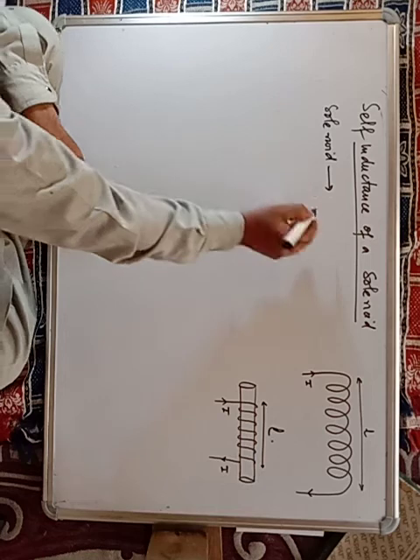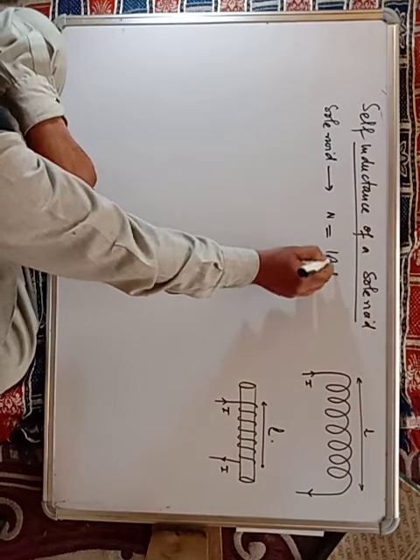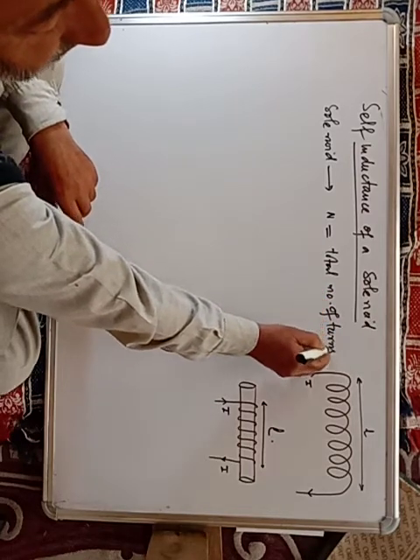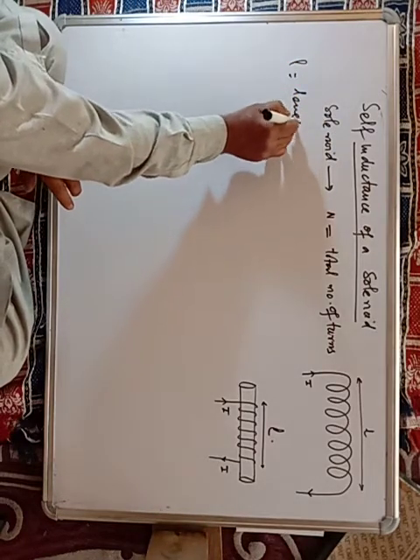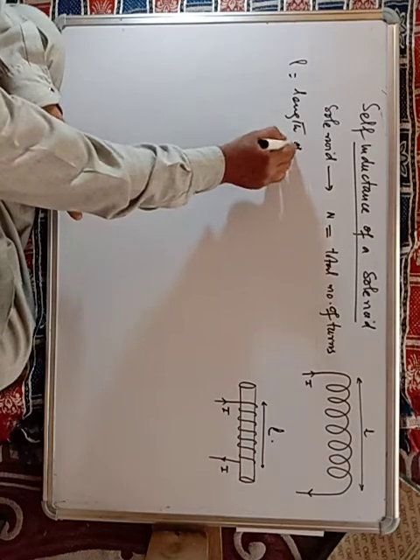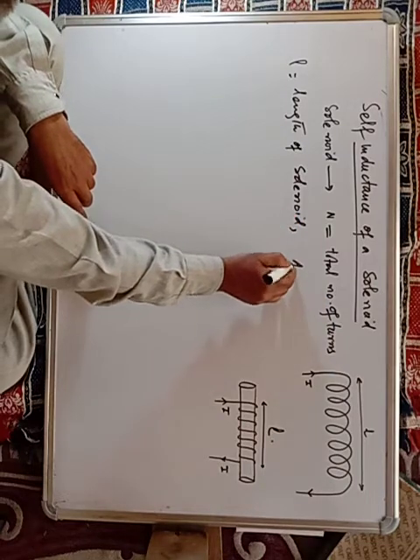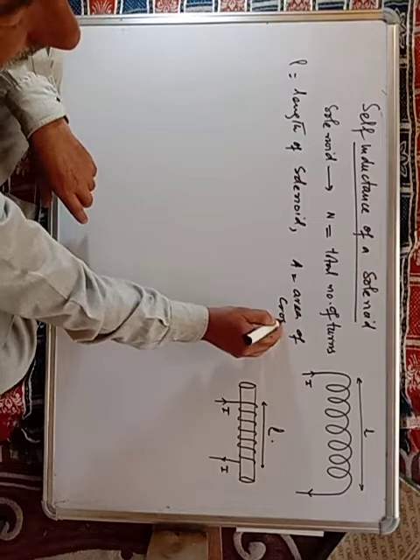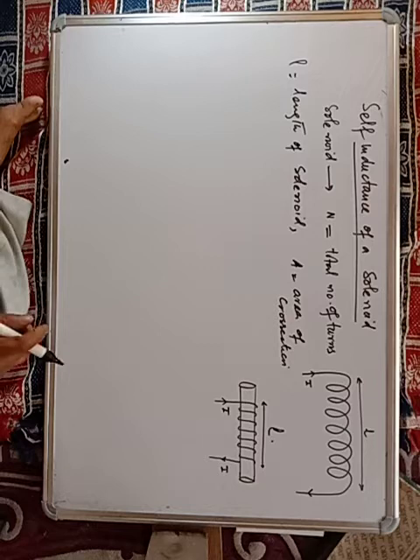A solenoid having N number of turns. N is equal to total number of turns, right? L is equal to length of the solenoid. And A is equal to area of cross section of the solenoid.